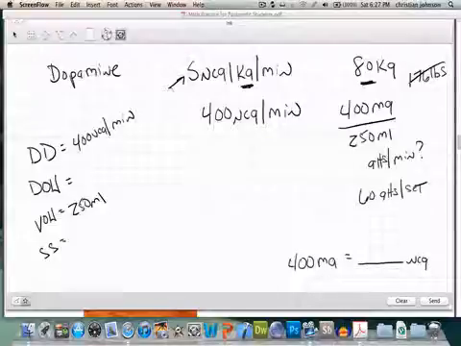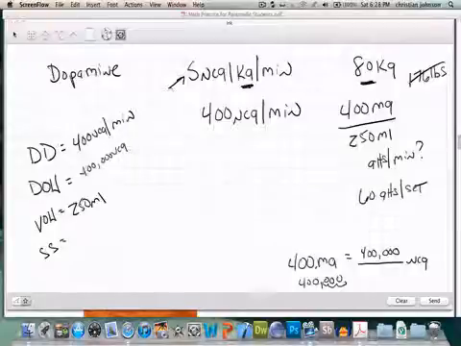I move this decimal over 3 places to the right. 1, 2, 3. Which gives me 400,000 micrograms. That's my dose on hand. Again, don't let this freak you out.